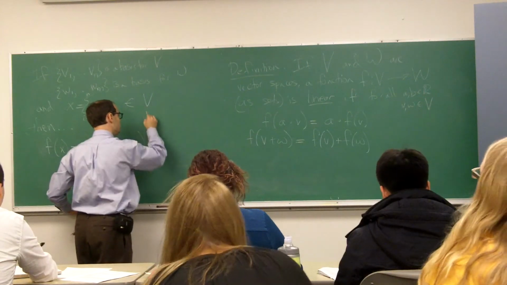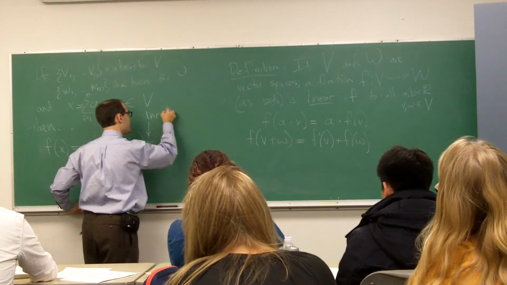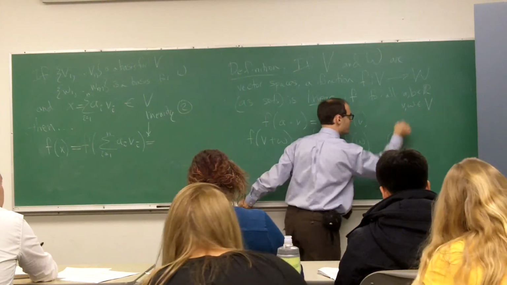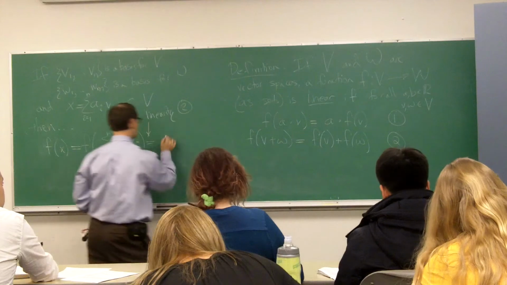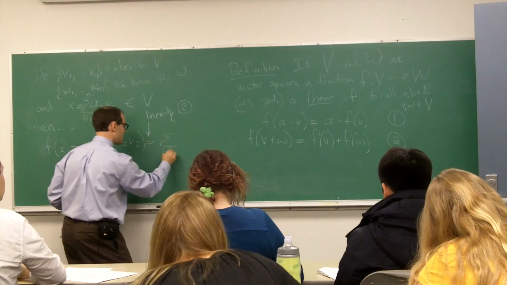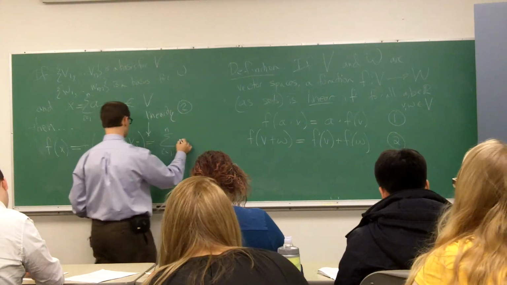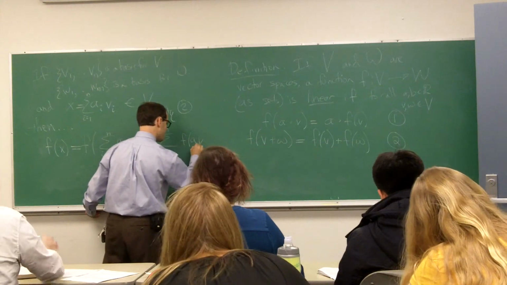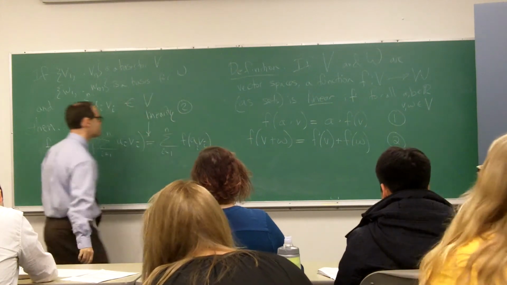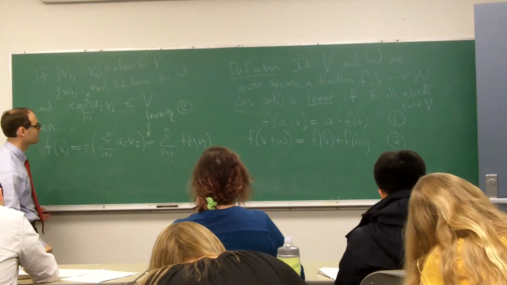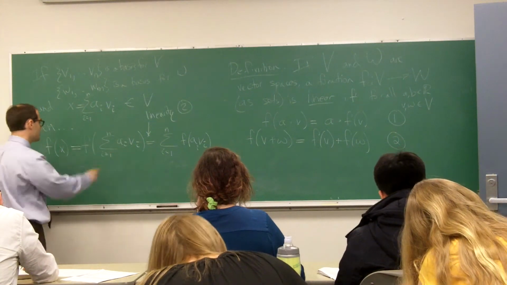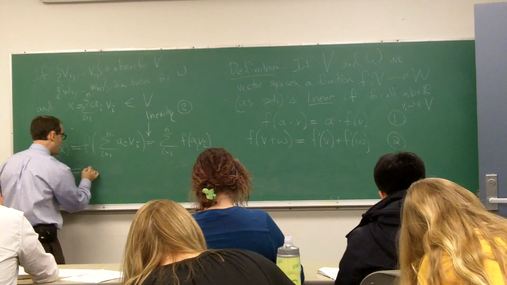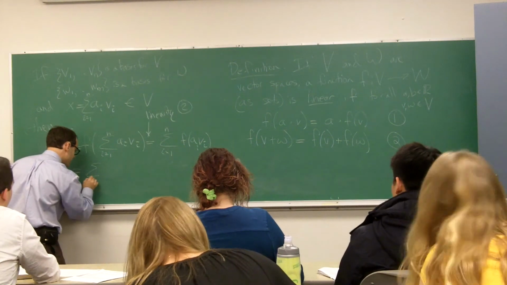So this is linearity number 2. And what that does is that says I can just write this thing out. Now, using linearity 1, I can pull out the a_i's.